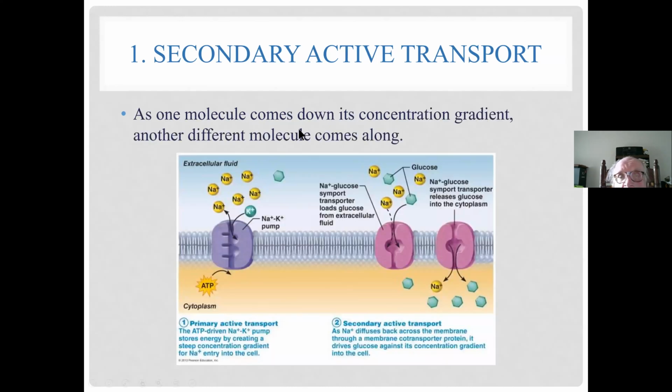As one molecule comes down its concentration gradient, another different molecule comes along. It can be a molecule that's also coming down a concentration gradient, or it can be a molecule that has the opposite charge. In this particular instance, we're pushing sodium against the concentration gradient, and glucose comes along for the ride.